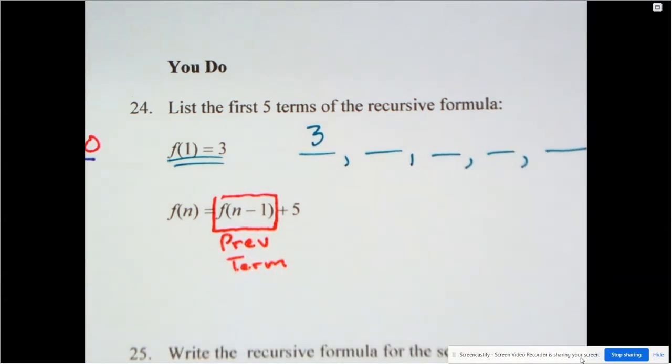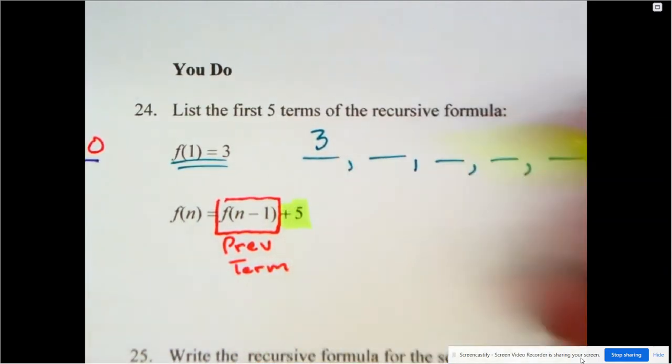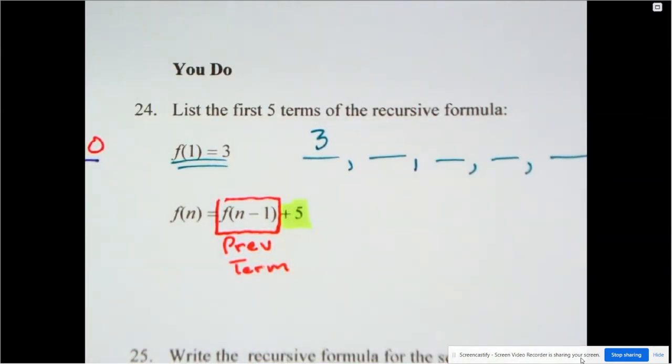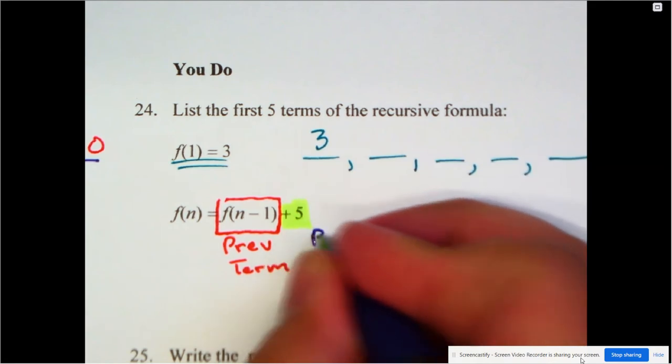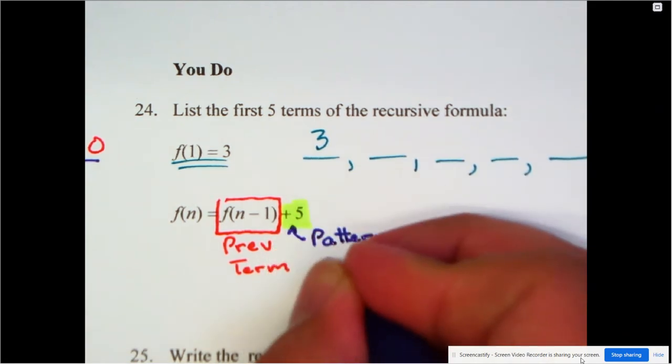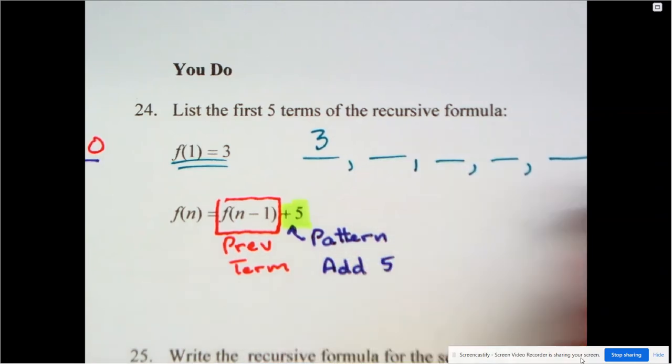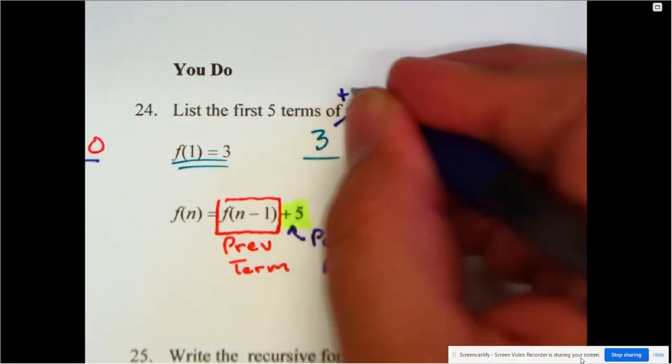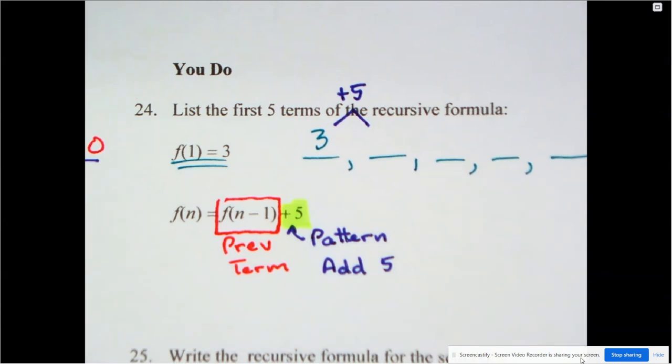And if you look at what's left over, you now found the pattern. Look, all they want you to do, the pattern is you're going to add 5. That's your pattern. Add 5. So all you're going to do is add 5 and add 5 and add 5, and that's how you're going to be able to create that list.